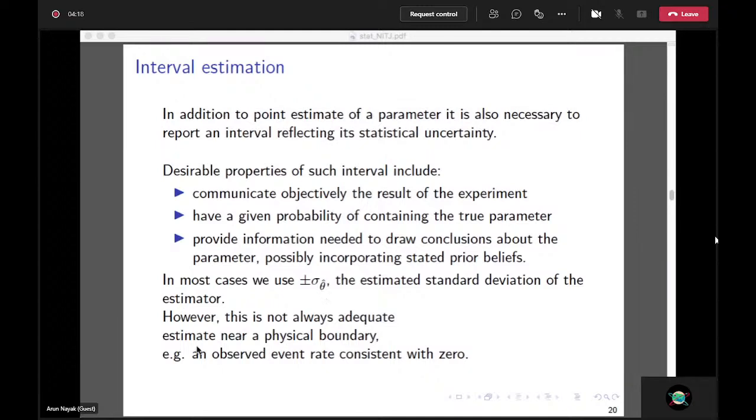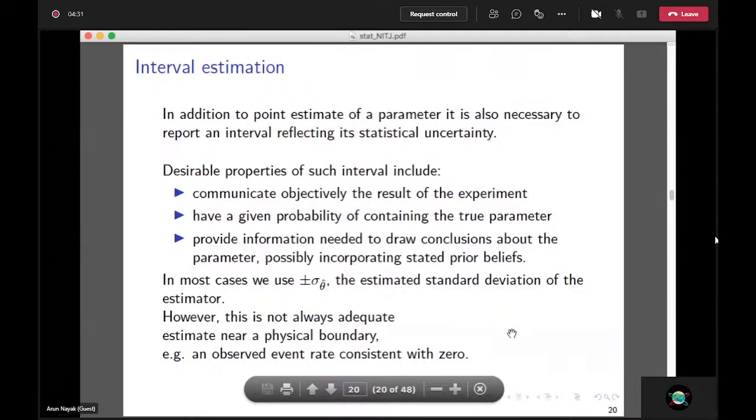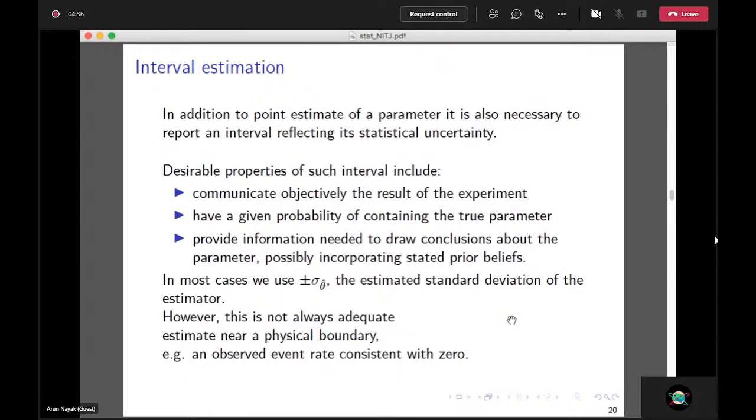For example, if you are estimating near a physical boundary, like close to 0. For example, an observed event rate is consistent with say 0. In that case, how will you quote the uncertainty or interval?